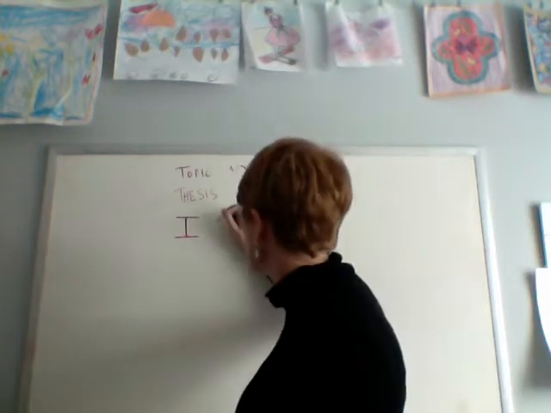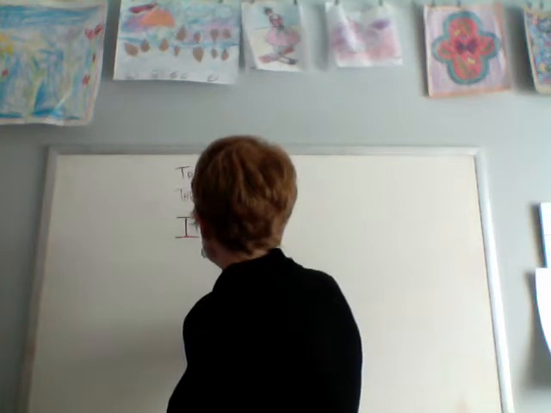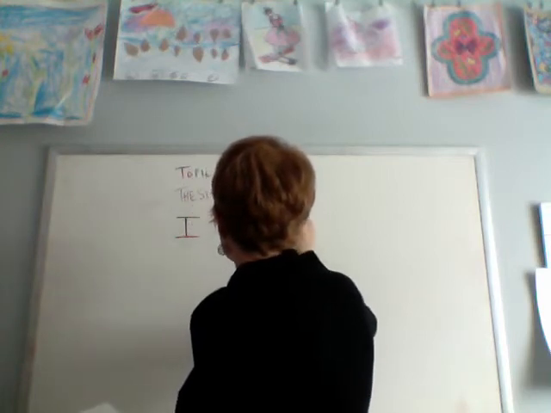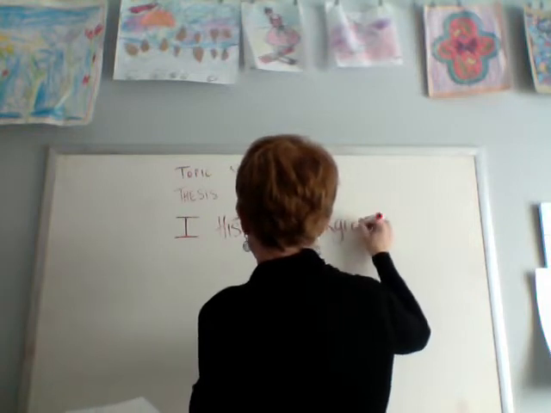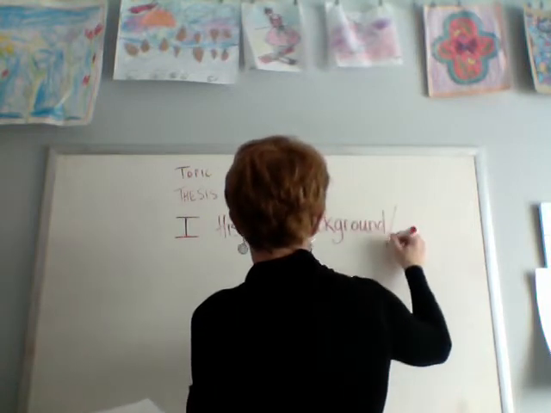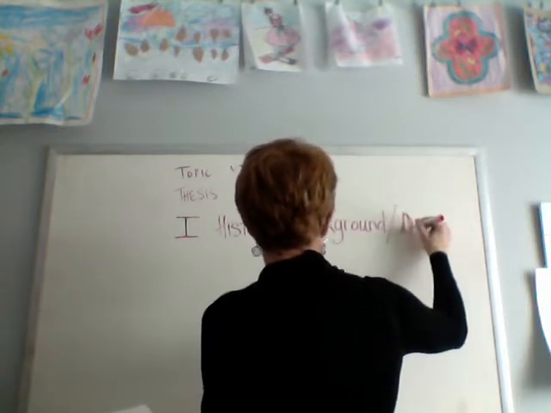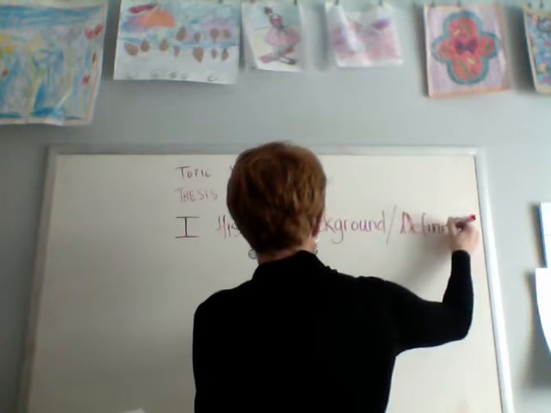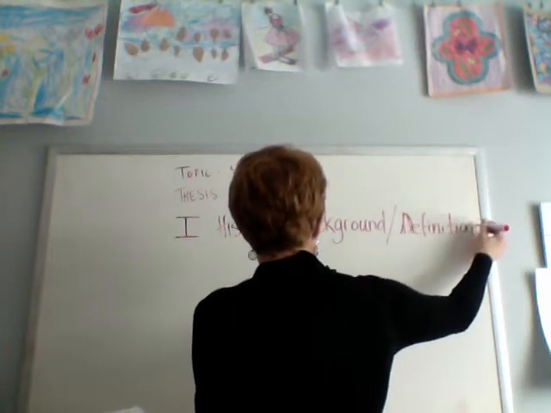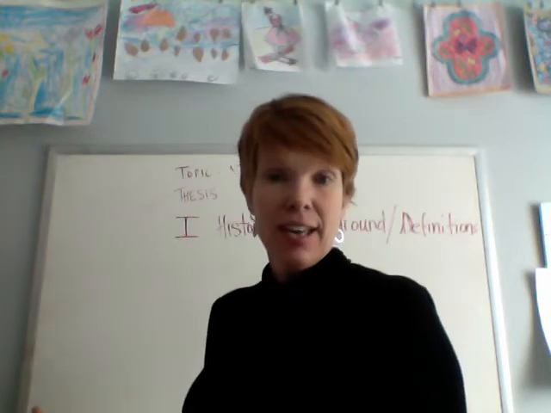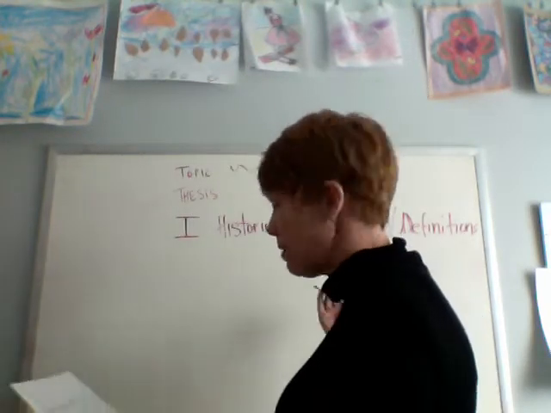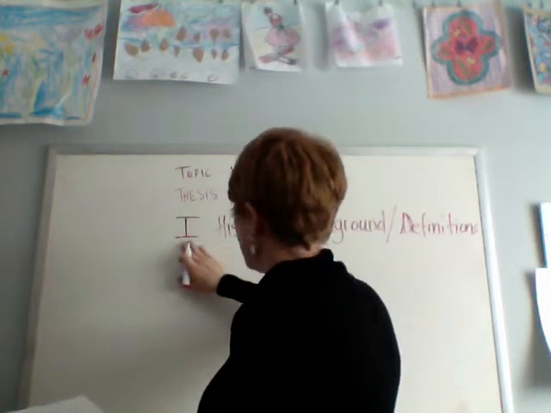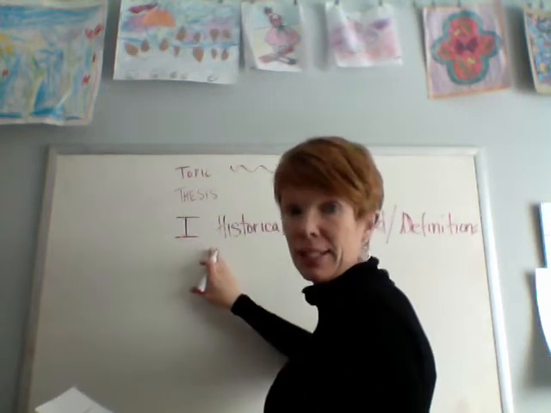So if you need historical background, or you might call it definitions, okay? Now, you might not have any index cards to support this yet, okay? But what you would want to do is after the Roman numeral, then comes a letter, okay?